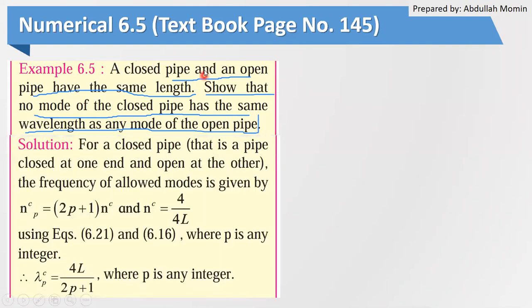So for a closed pipe, that is a pipe closed at one end and open at the other end, the frequency of allowed modes is given by (2p plus 1) n_c, where n_c is the fundamental frequency of the closed pipe. So n_c can be written as v by 4l.